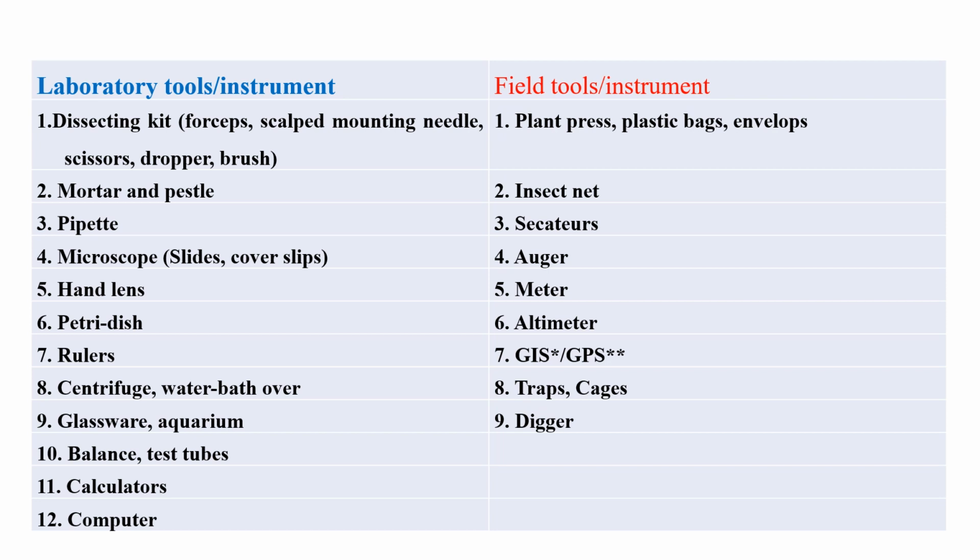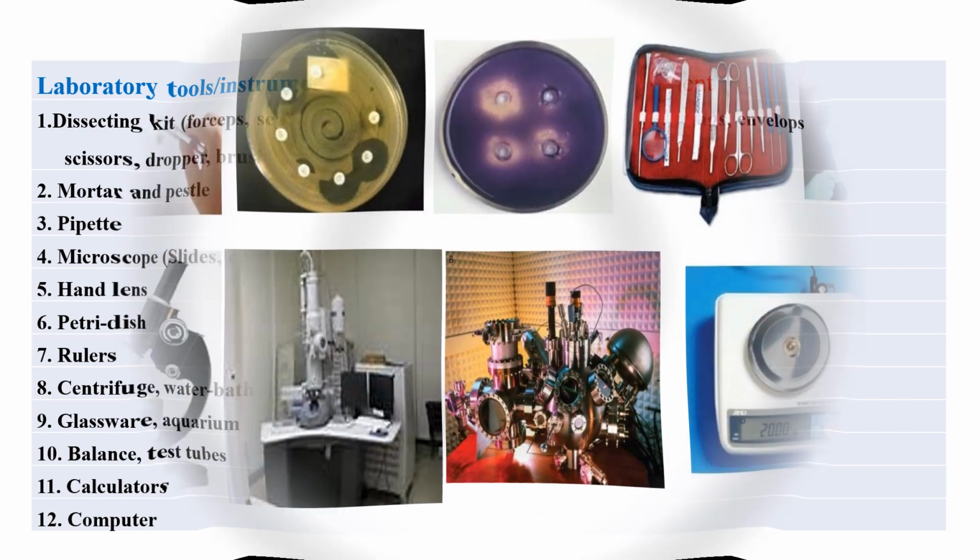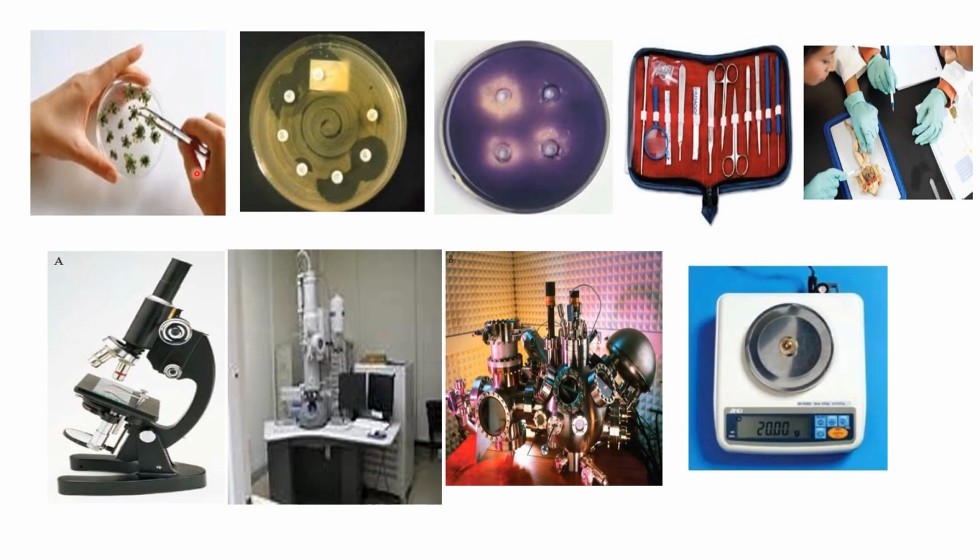So in the laboratory, let me look one by one, especially by pictures. This glass, which is used for growing plants from tissue, is called a petri dish. It can also hold bacteria. This is a petri dish. This is a dissecting kit, used when we dissect animals to study their anatomy.